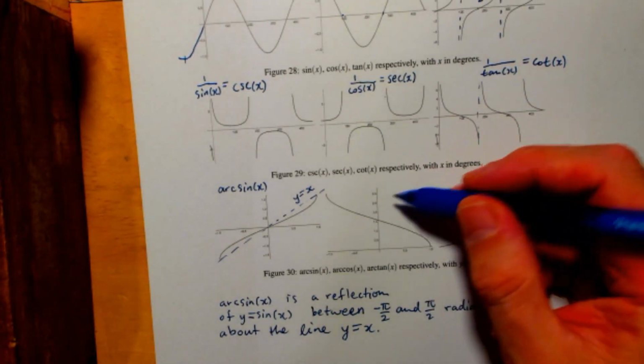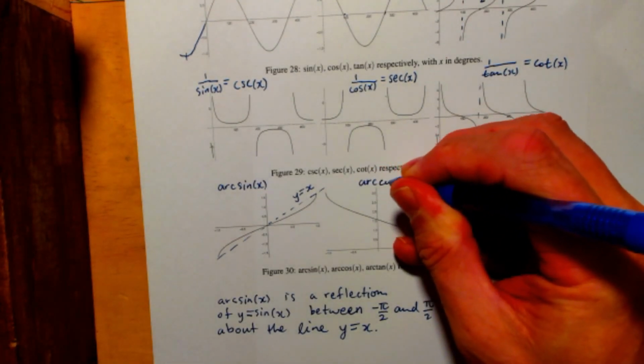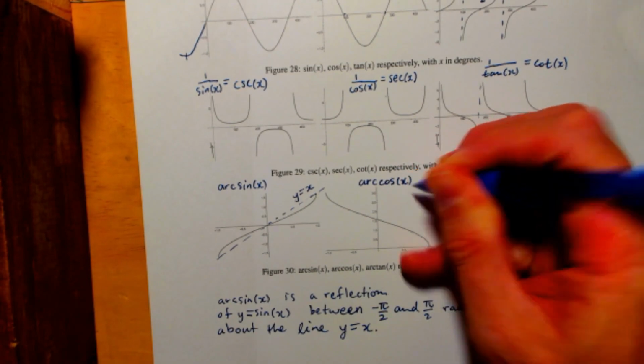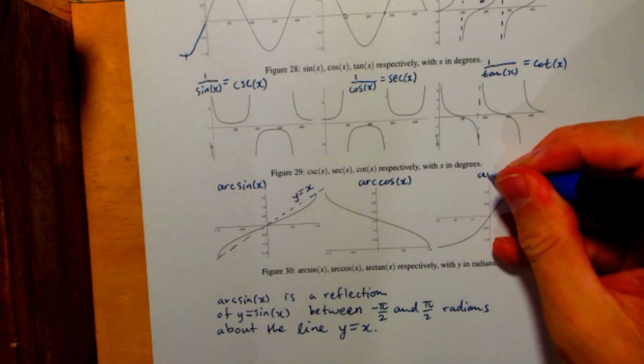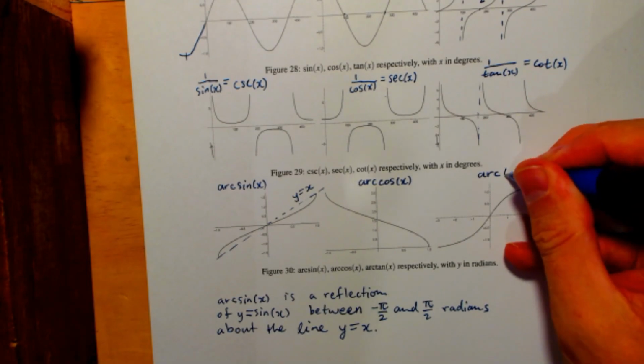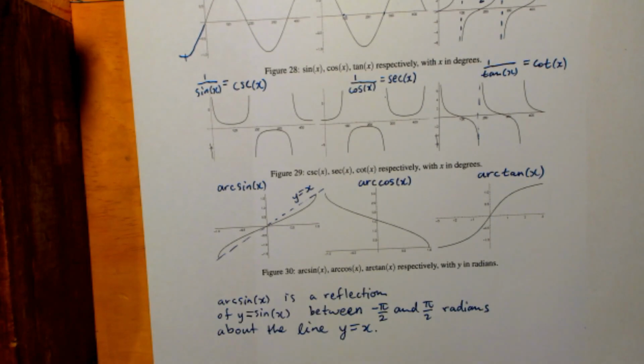Okay, now let's have a look at the next one. This is arc cos of x, which you would know as cos superscript minus 1, or the inverse function of cos. And this one right here is arc tan of x, which you would know as tan superscript minus 1 of x.